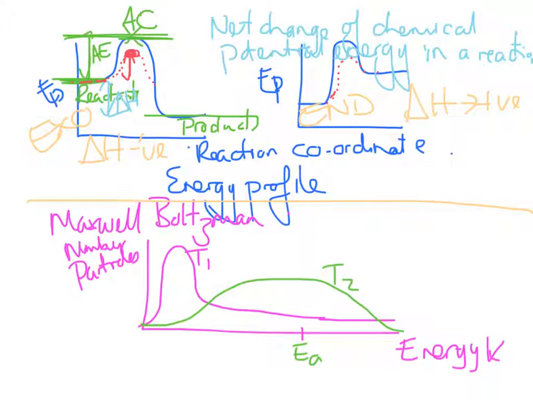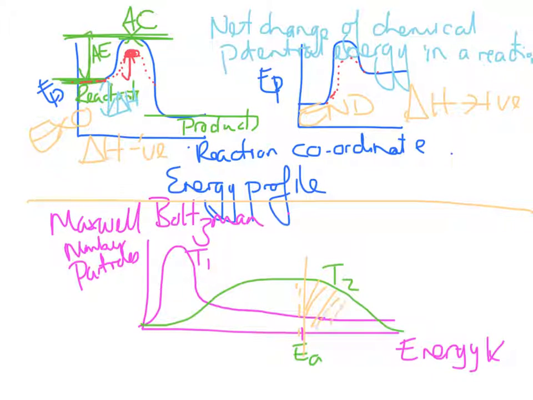If we look at a Maxwell-Boltzmann distribution, this is another way of taking a look at the energy of particles. We've got the number of particles, and then we've got the kinetic energy of the particles over here. Now, over here, we've got lots of particles with this amount of energy, and not so many particles with a high energy. Notice this is a low energy, and this is a high energy, whilst for temperature 2, I've got more particles. I can actually draw a little line there.